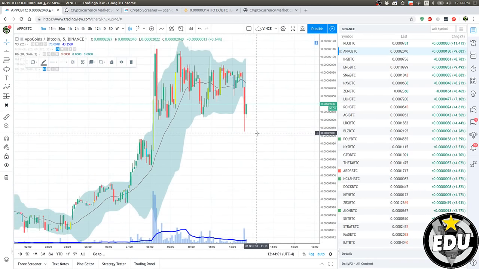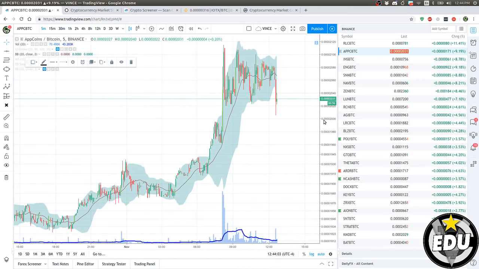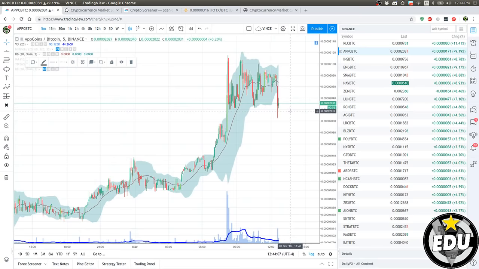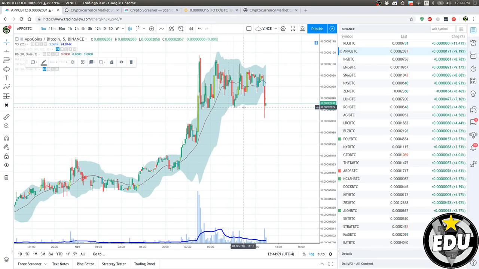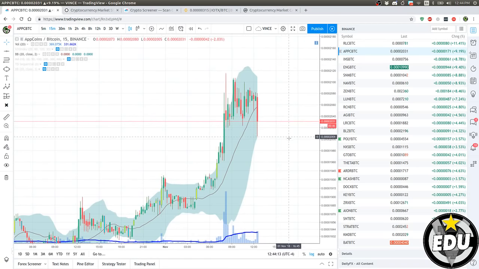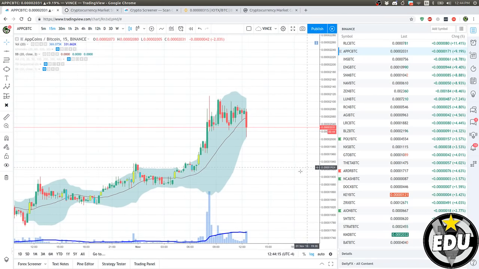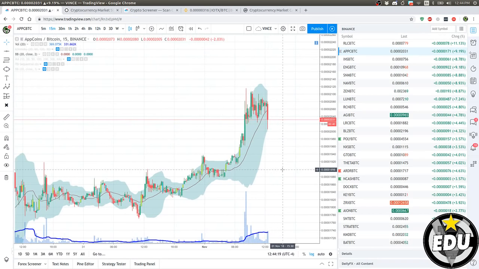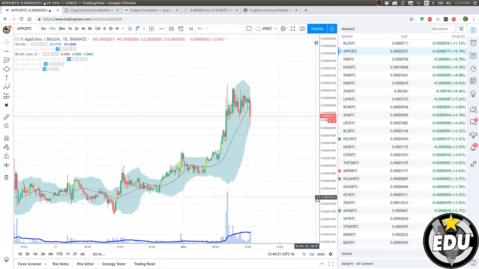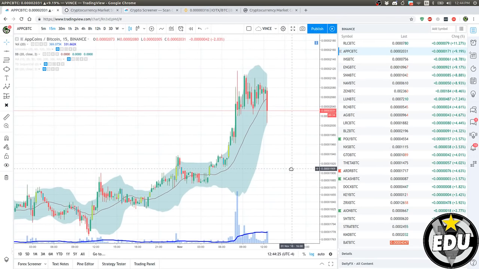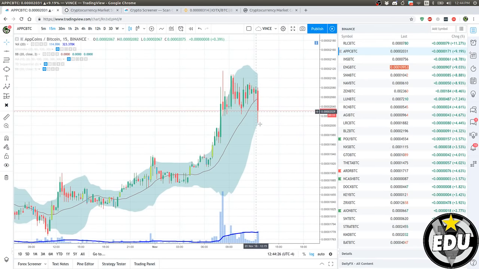APPC, what is it doing? I don't like it. This already went up, now dropping. I mean, it's bouncing at those levels on the 5-minute chart, 15-minute chart. Oh, the Bollinger Bands here, the spike kind of went out.